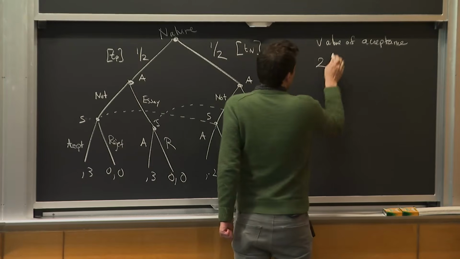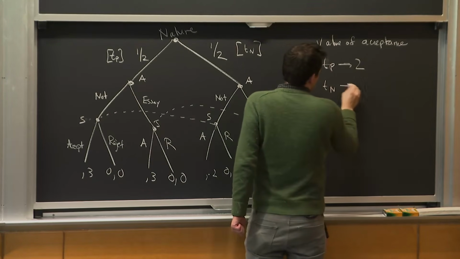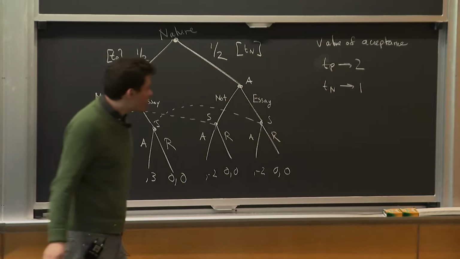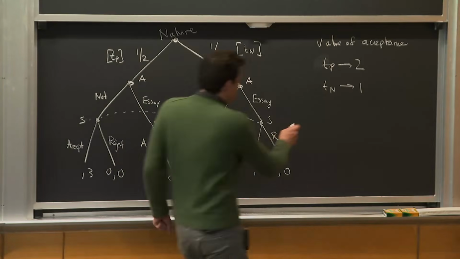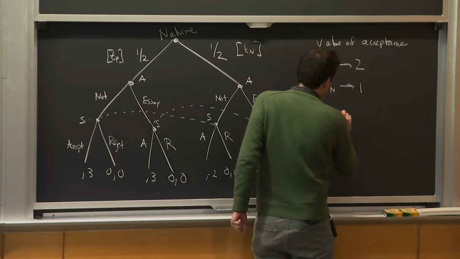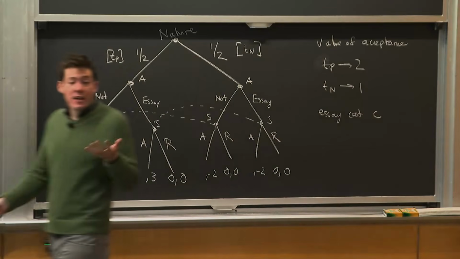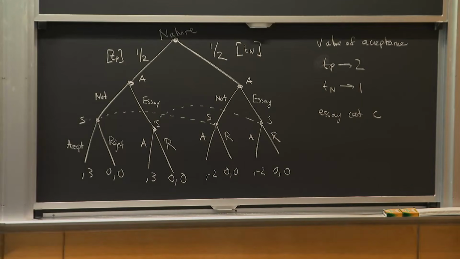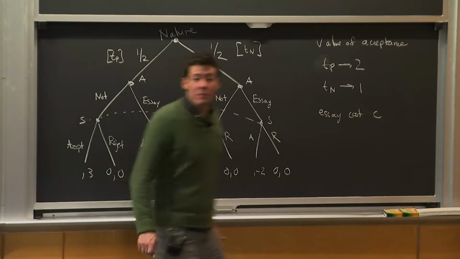Well, it's 2 to the passionate student. It's only 1 to the less passionate student. And let's assume that writing the essay is costly. So writing the essay also has a cost of C. I'm just using C so I can vary this over the game, but C is a known parameter. We all know C is just like a number like 1 or 2, but I just want to have some flexibility over what this is.